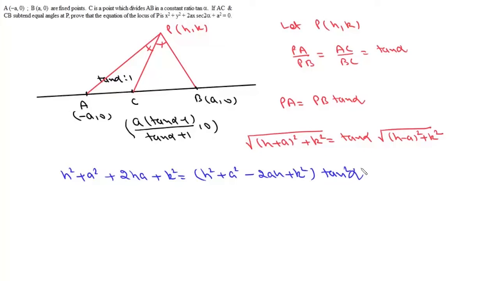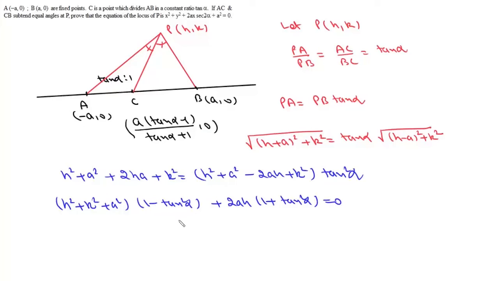Now what we'll do is take everything on the left hand side and take h square, a square and k square together. So it'll be h square plus k square plus a square into (1 minus tan square alpha) plus 2ah (1 plus tan square alpha), and it will be equal to 0.